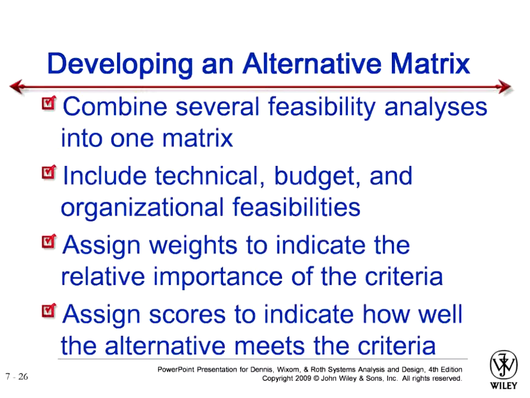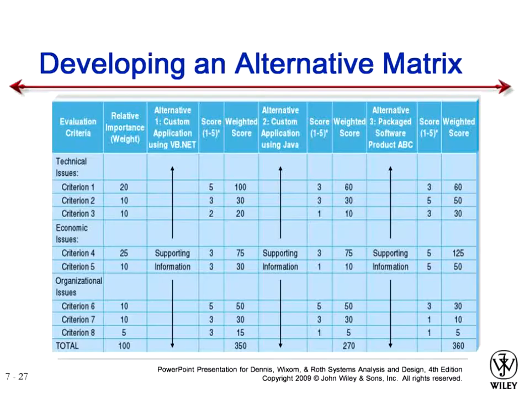Then combine several feasibility analyses into one matrix. You include technical, budget, and organizational feasibility details. Assign weights to indicate the relative importance of the criteria, and assign scores to indicate how well the alternative meets the criteria. So this alternative matrix is very important to make.